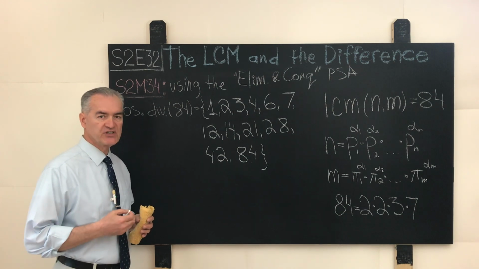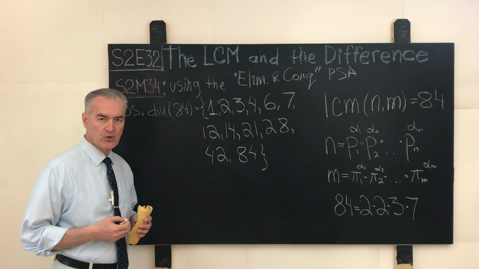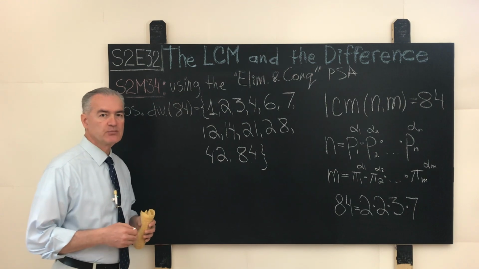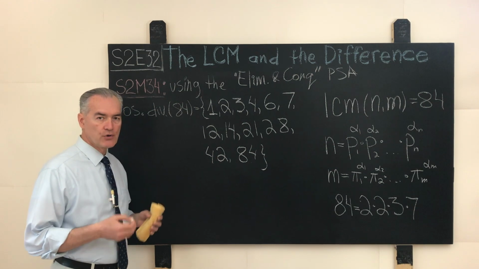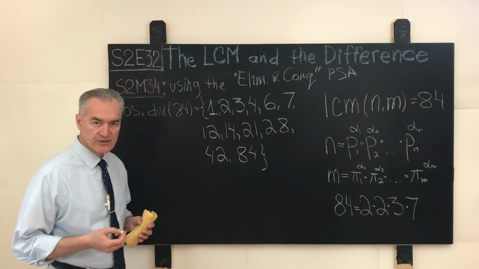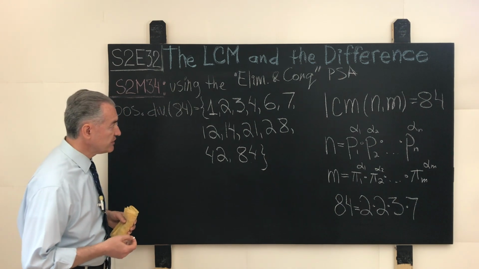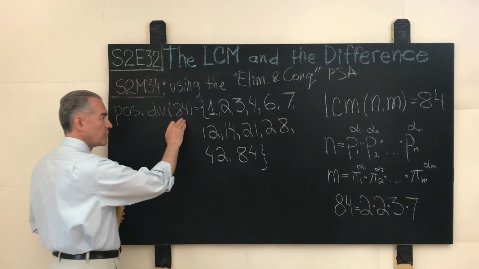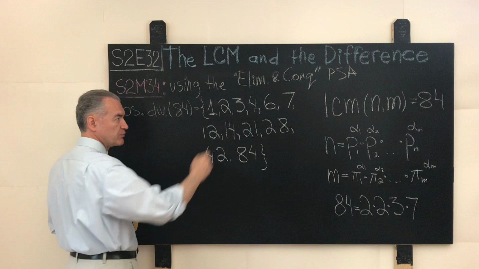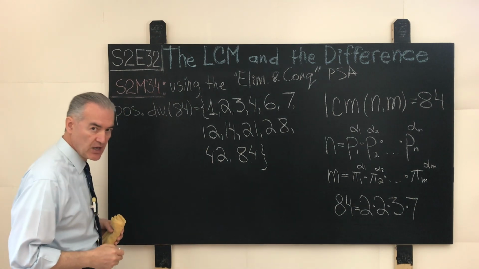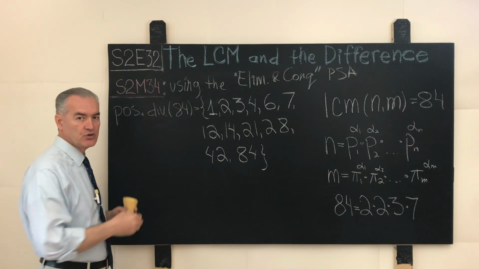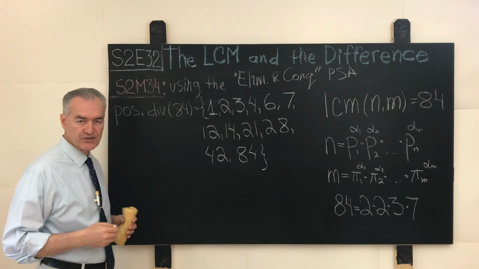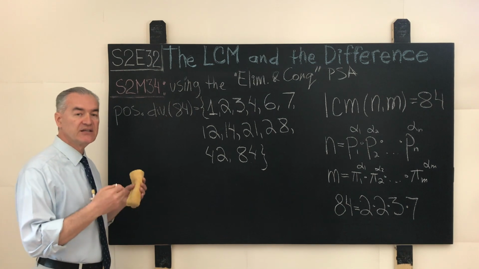The first step of the eliminate and conquer problem solving approach is to identify all the possible variances of the local material. What is the local material this time? The local material this time are the positive divisors of the number 84, which is the least common multiple of two mystery whole positive numbers. And what do all the possible variances of the local material mean in this case?